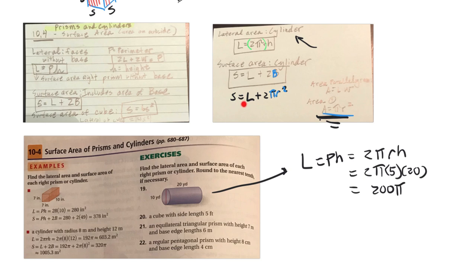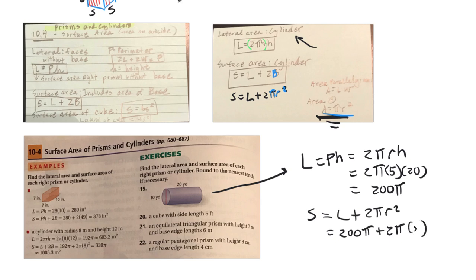The formula for surface area is right here. We could think of this too, but it's right here. I'm going to use that second one because it's a little bit more precise. So we have L plus 2 pi r squared. Well, we already know what the L is, don't we? We just found the L, right? It's 200 pi. All right, 200 pi plus 2 pi times the radius squared this time.